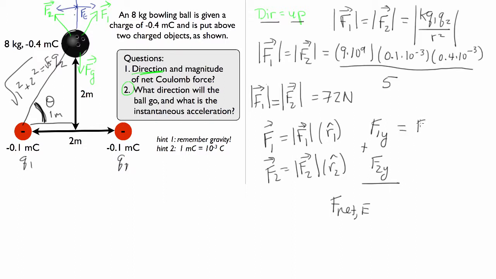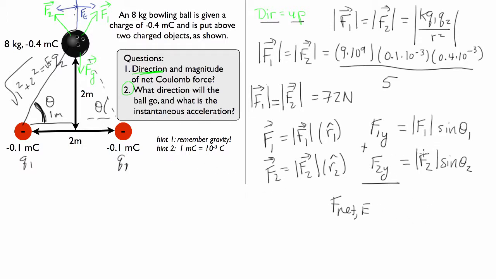Well, it's going to be the magnitude of F1 times the sine, because we have the opposite of the angle, and F2 is going to be F2 magnitude sine of that angle, and so we're going to call that theta 1 and theta 2, even though we know that they are the same angle, because the horizontal distance is the same.